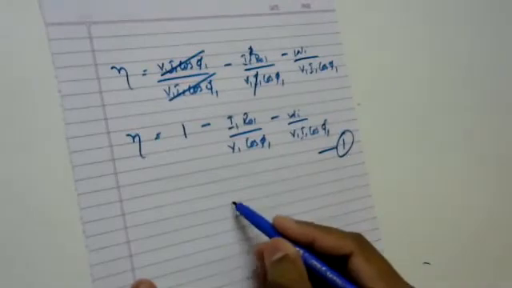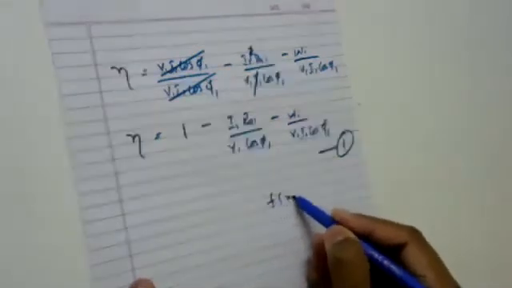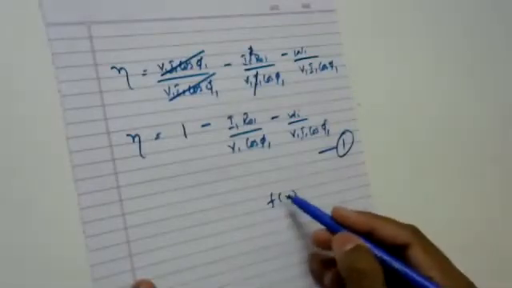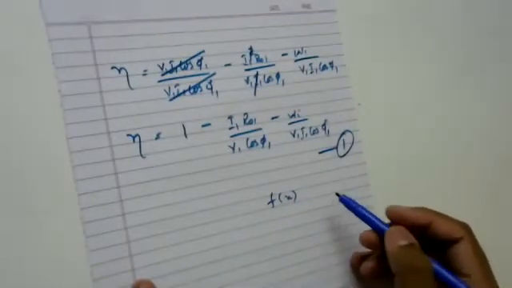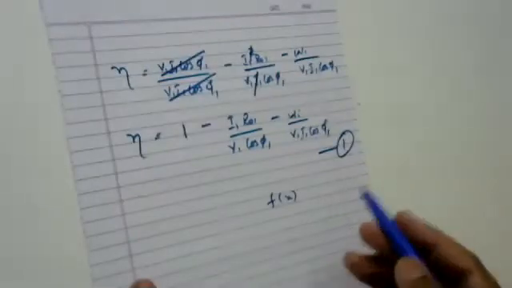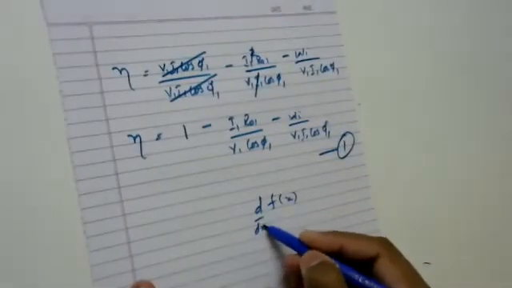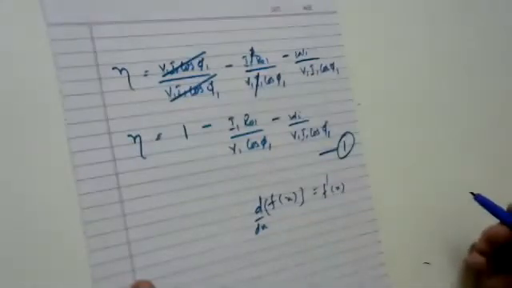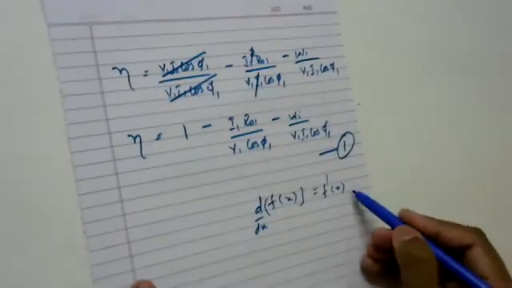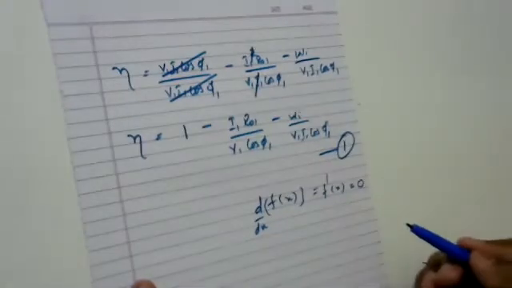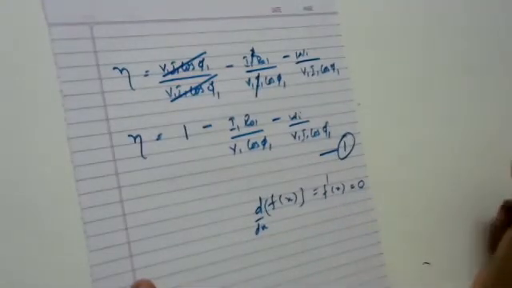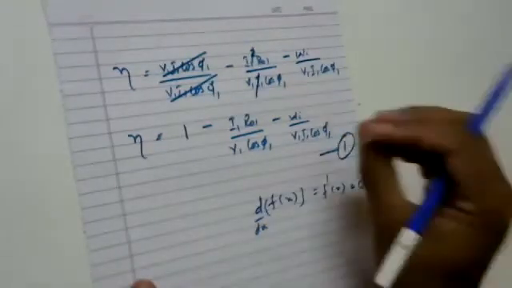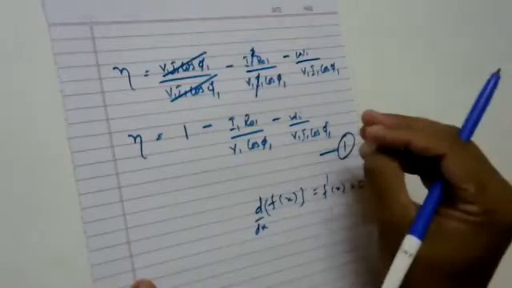If f of x is a function and you want to compute when this function is maximum, what I'm going to do is compute f dash of x, nothing but d by dx of f of x, which is nothing but f dash of x. So this f dash of x, we are going to equate to 0 in order to obtain a maximum function.